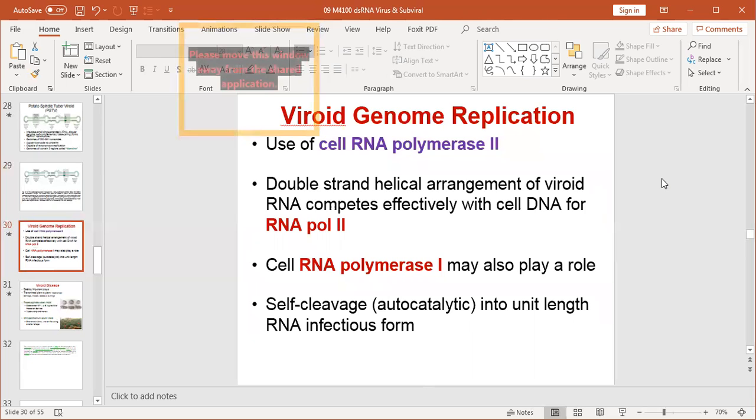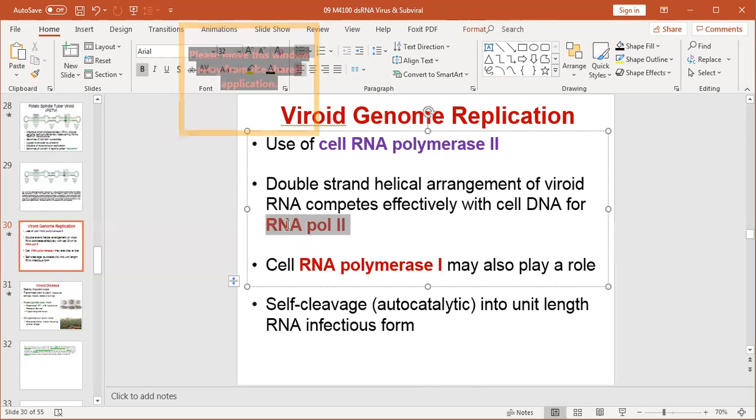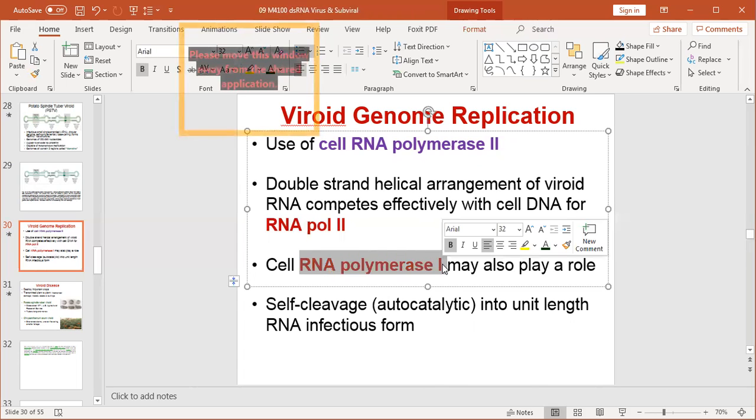Once it infects a cell, it uses host cell RNA polymerase 2, and the double-strand helical arrangement of viroid RNA competes effectively with host cell DNA for RNA polymerase 2. So that's basically saying that RNA polymerase 2 participates in the replication of the genome. We may also receive some help from host cell RNA polymerase 1.